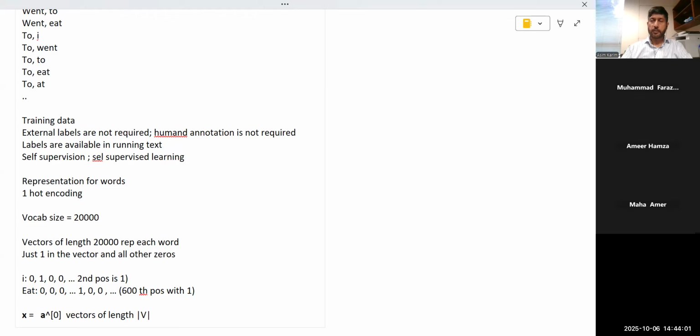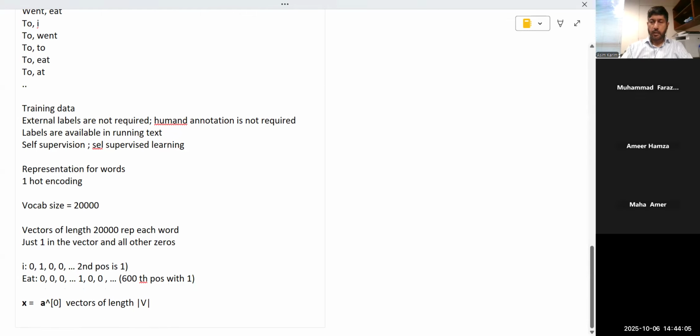So this input would be that size. Now the hidden layer, by the way, again using the notation that we used before, this is going to be n0. Okay, that is the size of the input.